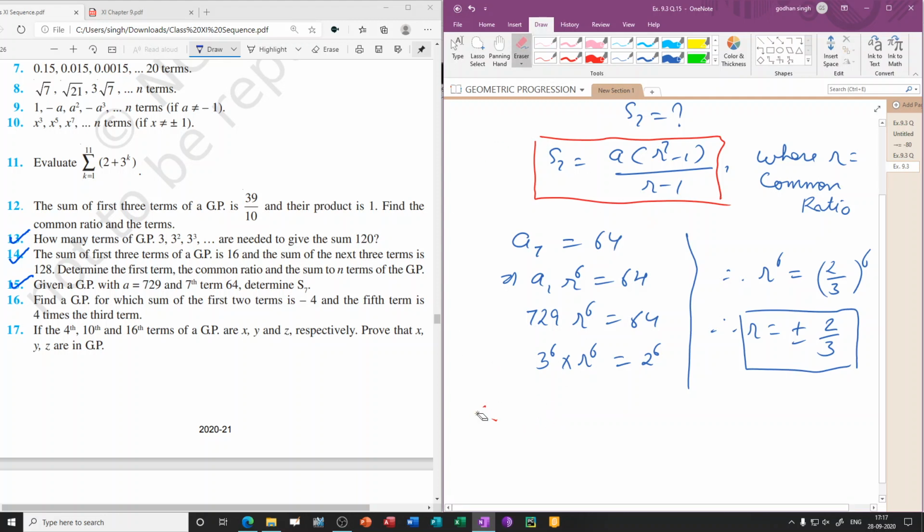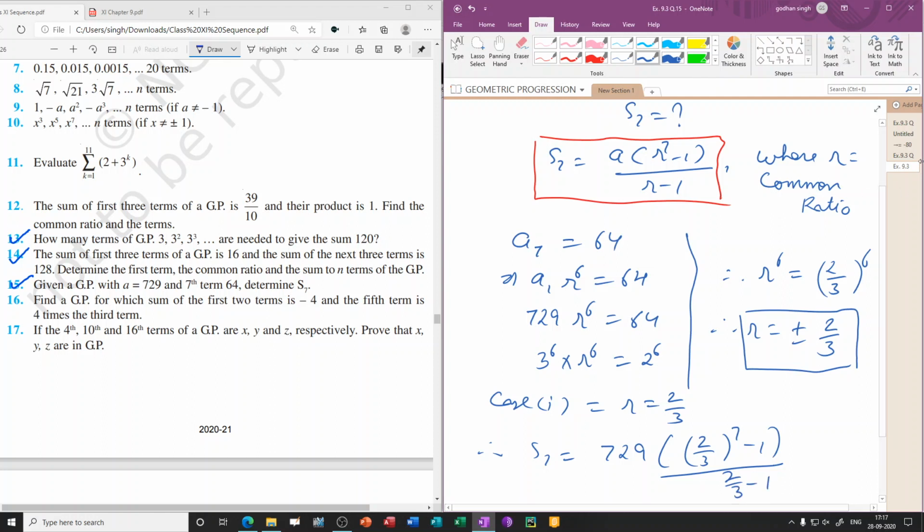Case 1, r equal to 2 by 3. Therefore we can say that S7 equal to, what is our a, 729 into r raised to 7, that is 2 by 3 raised to 7 minus 1 over 2 by 3 minus 1. So now let us go to the next page.